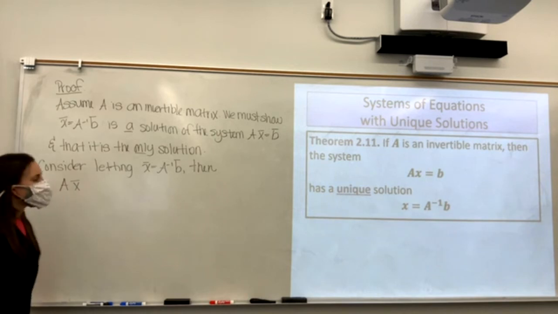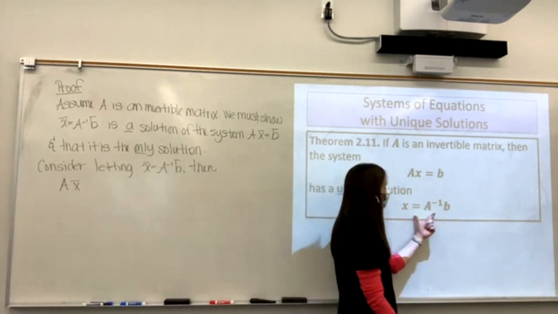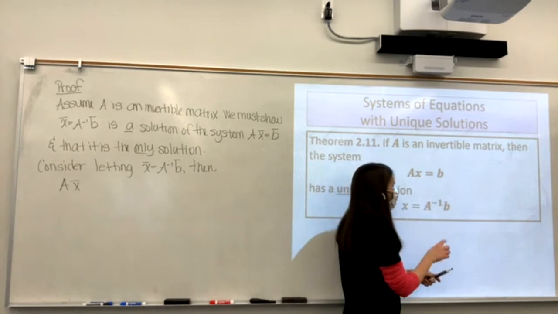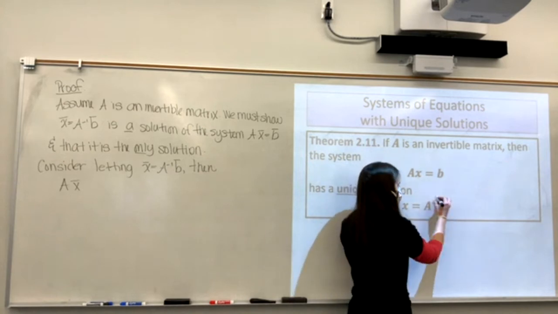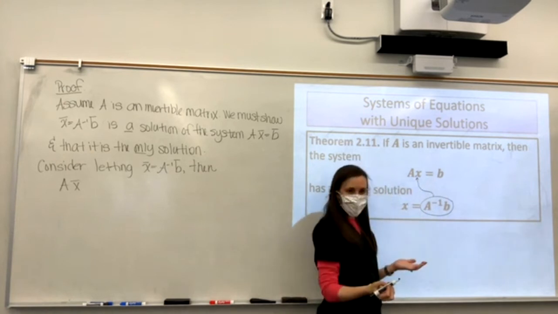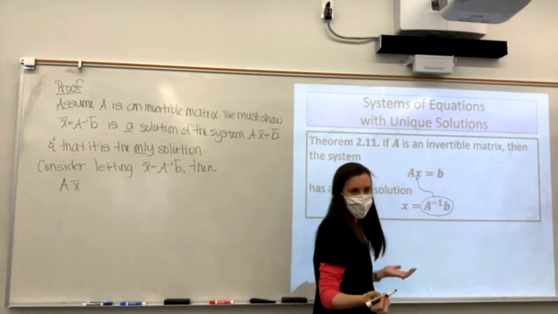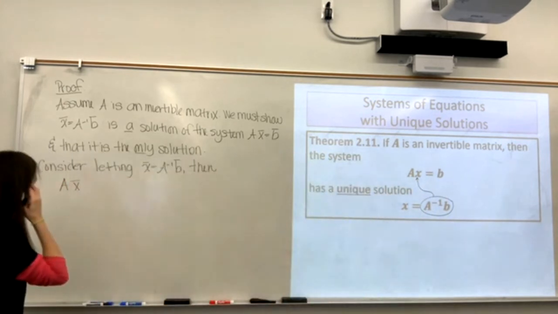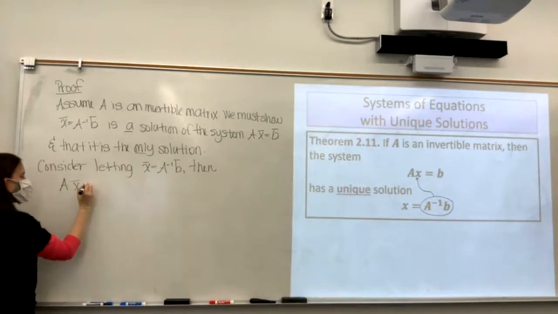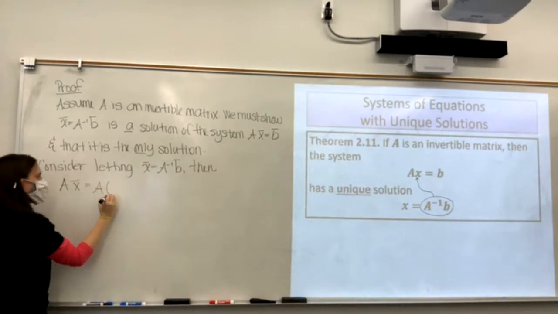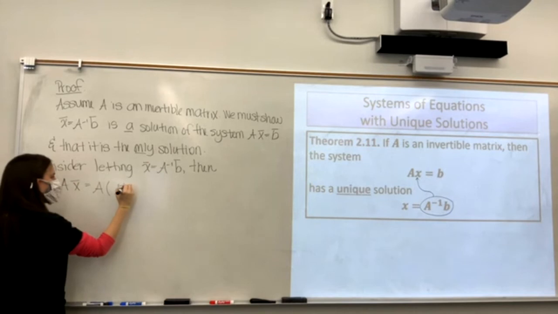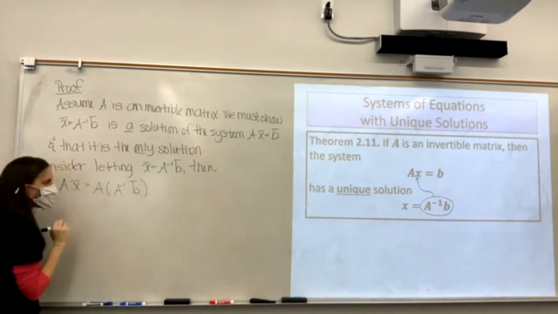Okay, so if I want to show that this is a solution to the system, I've got to show that if I plug this in right here, that I get a true statement. Right? That's how we show it's a solution. We show that we get a true statement. So I'm going to substitute in, for that X, A inverse times B.